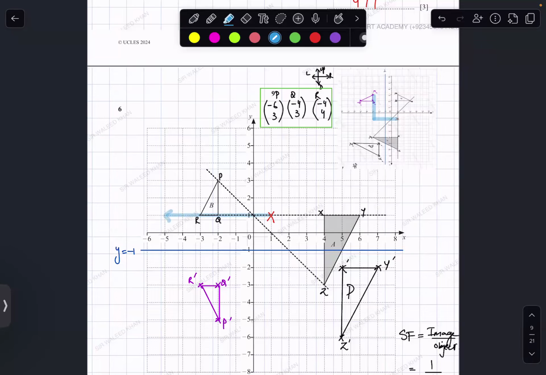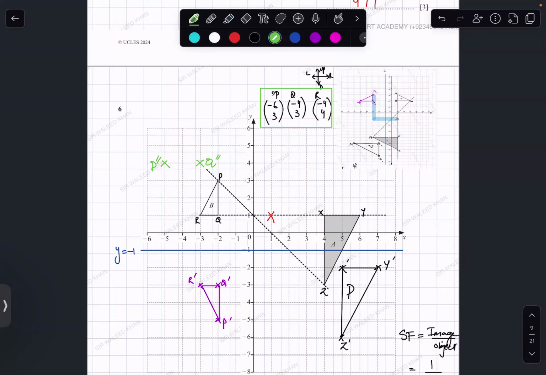Your P, I will double dash it because it has been transformed twice. Then Q will be -4 and 3. So -4, 1, 2, 3, 4, 4 to the left and 3 upwards. That will be Q. Again, I'll put 2 dashes over here because this represents a transformation twice.